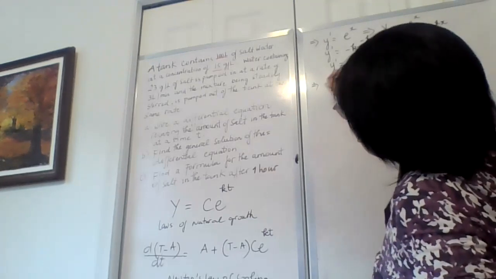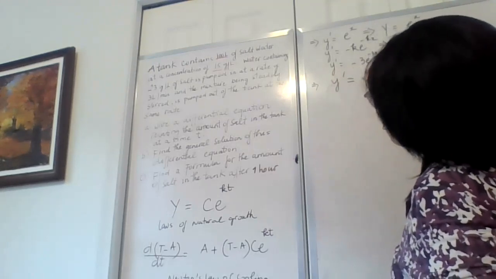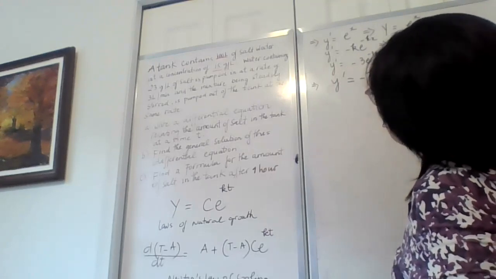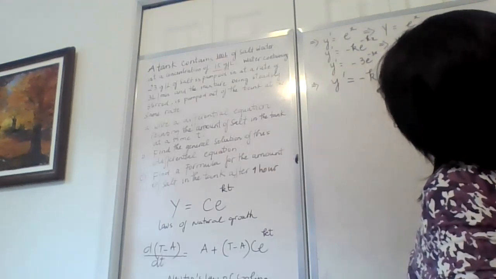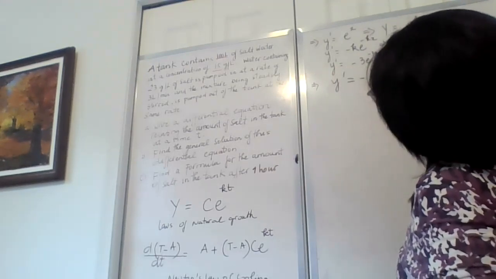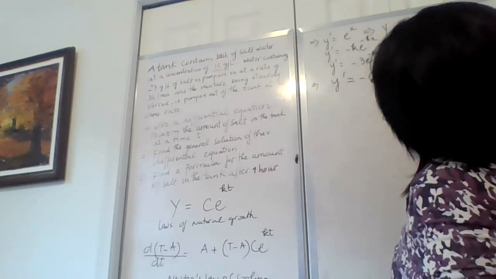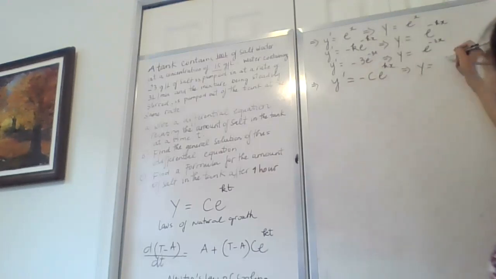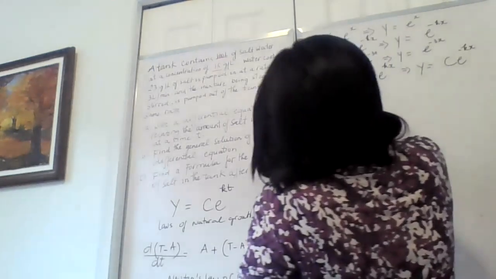Now this will allow us to say, if we have the y derived function equal to minus k, let's call this C, C e to the minus kx, then of course our original function will be C e to the minus kx, right?